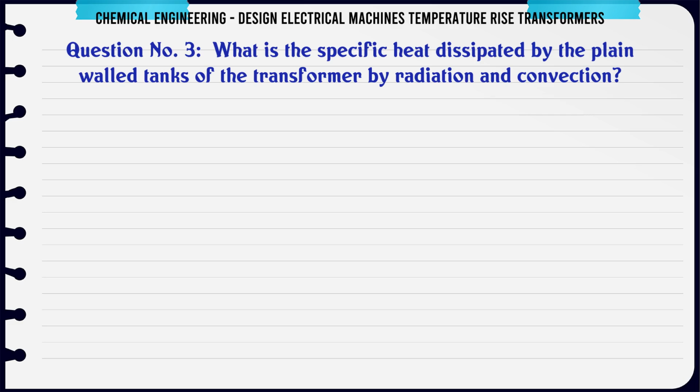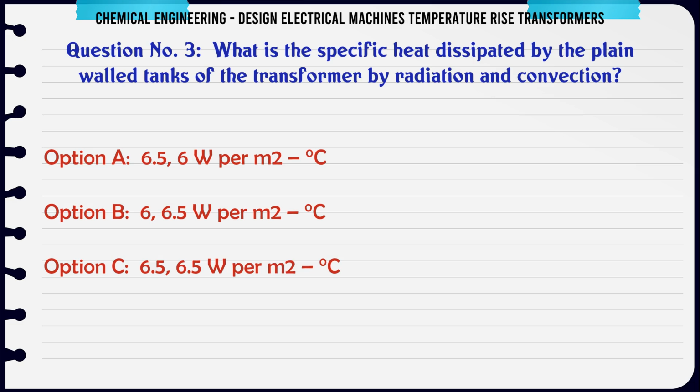What is the specific heat dissipated by the plain-walled tanks of the transformer by radiation and convection? A. 6.56 watts per M2C, B. 6.5 watts per M2C, C. 6.5 watts per M2C, D. 6 watts per M2C.